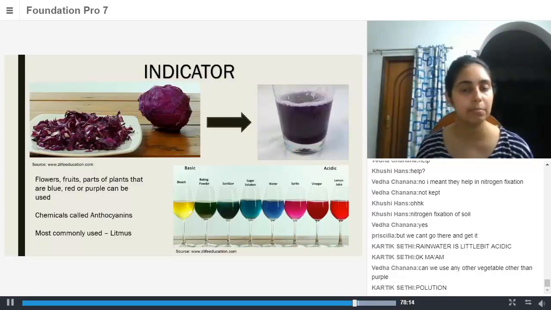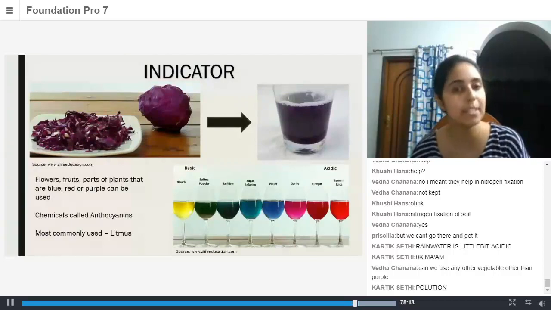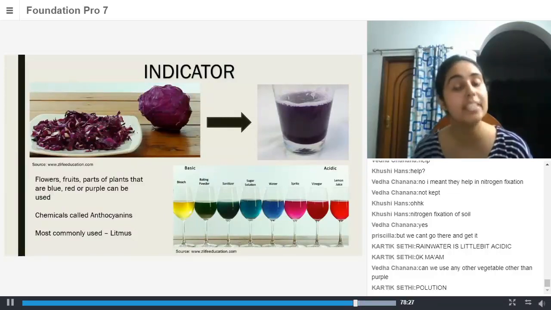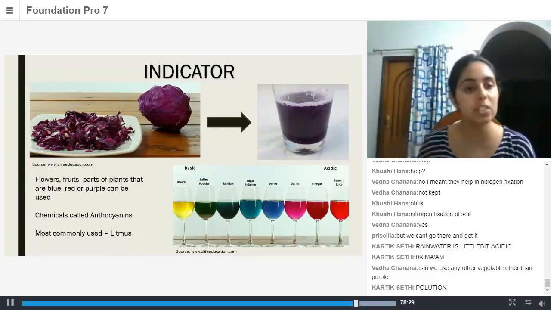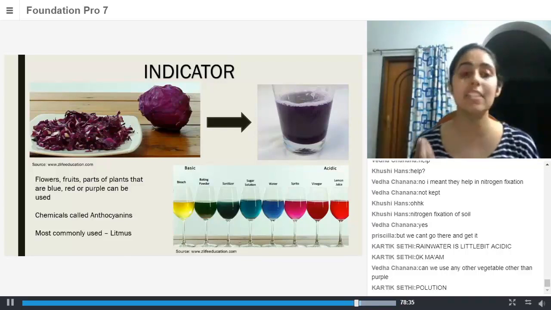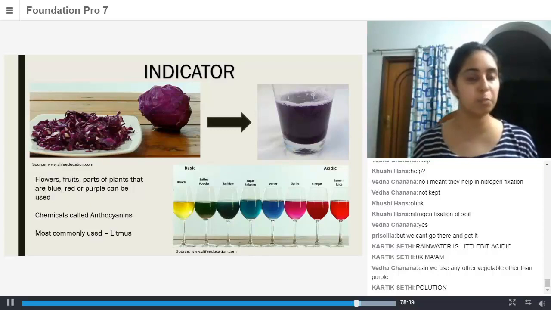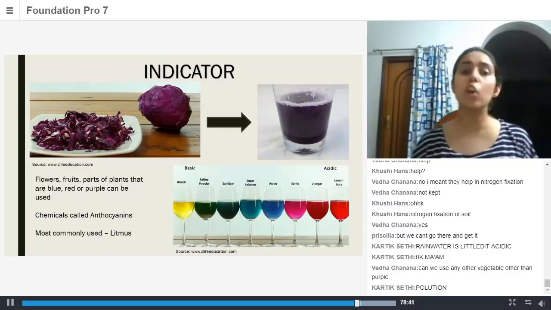Like when you mix an acid with water, what happens? It becomes acidic. Yes. Because those pollutants are acidic in nature, when they mix with the water, the rainwater is acidic in nature. Does that make sense? But if you go to rainwater in areas where there is not much pollution, then you will see that it's more or less neutral.